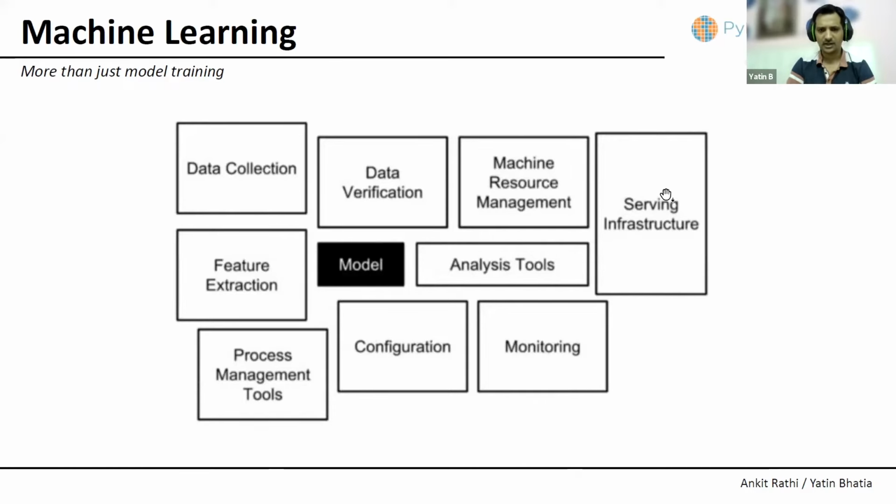These are also part and parcel of the complete data science paradigm: getting the requirement, then building the product and shipping and deploying a machine learning product, like data collection, feature extraction, process management tools, configuration, monitoring, data verification, and serving infrastructure at the last level. We have to deploy things, and we have to scale up things. So all these things take a lot more effort than just the model training part. That is what is illustrated in this particular picture.